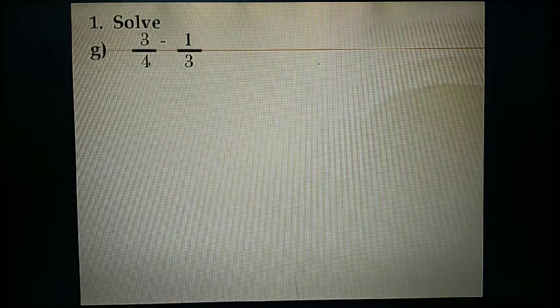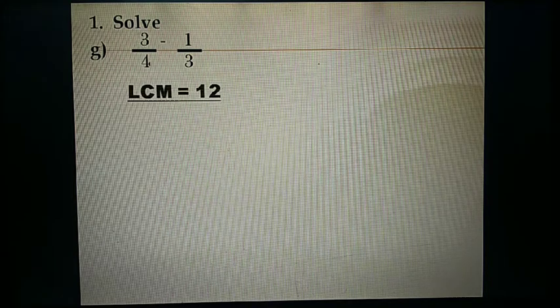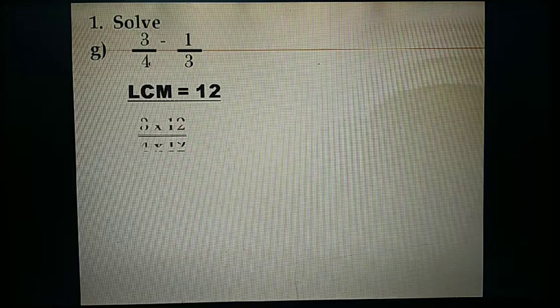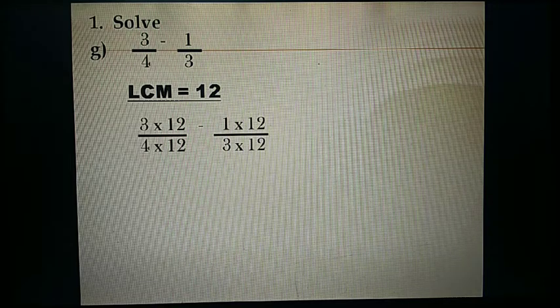Next. Again, the denominators are a set of co-prime numbers, so the LCM will be the product. Multiply both the fractions by the LCM. See, the concept will remain the same. In all the sums, we are finding the LCM, we are multiplying the fractions by the LCM, and then we are performing the cancellation.